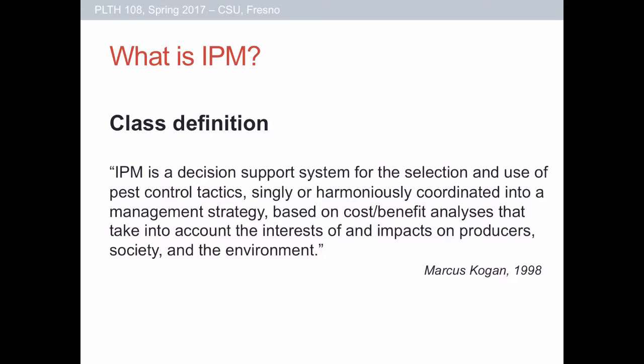Whether you're the grower trying to get the largest yield at the lowest possible cost, whether you are someone in society purchasing this food, who wants food that is safe and ideally has the lowest amount of pesticide residues possible, or someone interested in the environment, maintaining wildlife and protecting water quality. So IPM, a decision support system, is all about coordinating pest control tactics to maximize benefits for everyone.